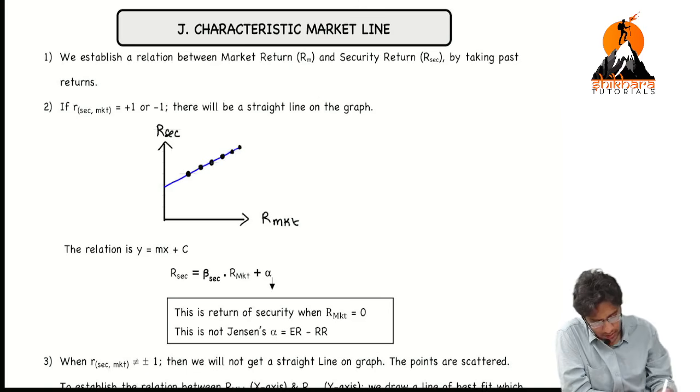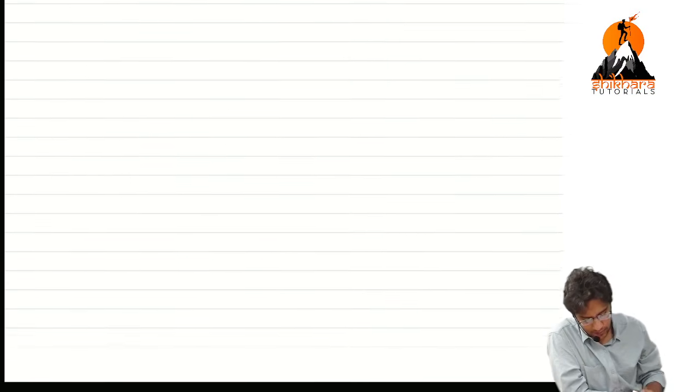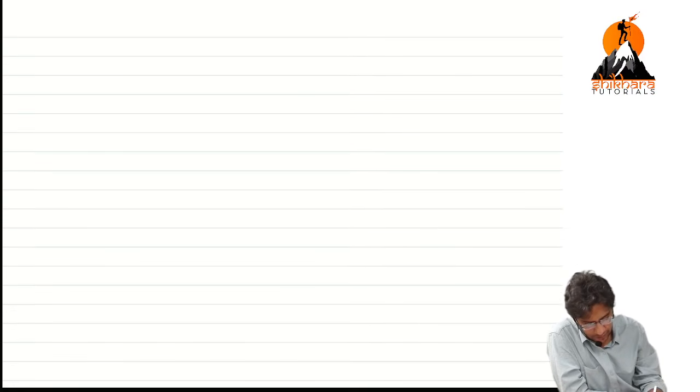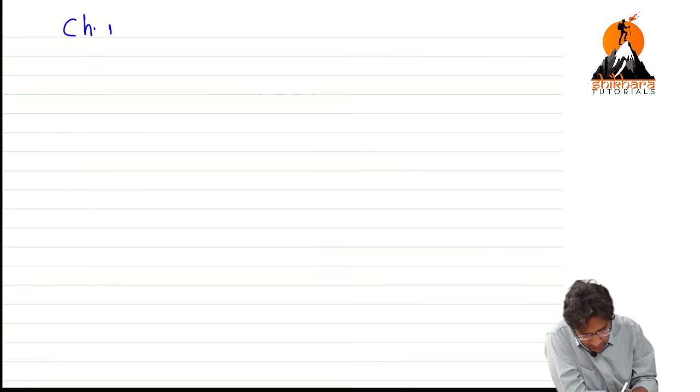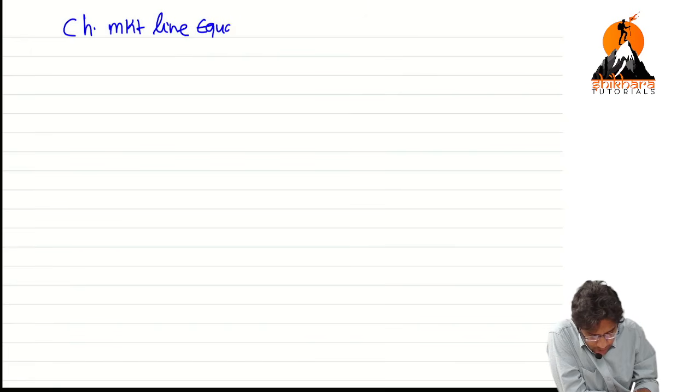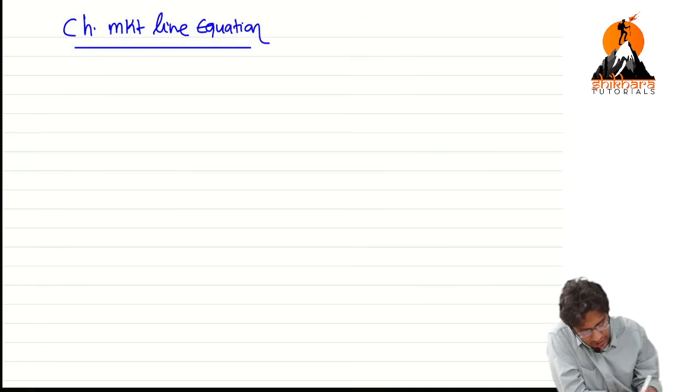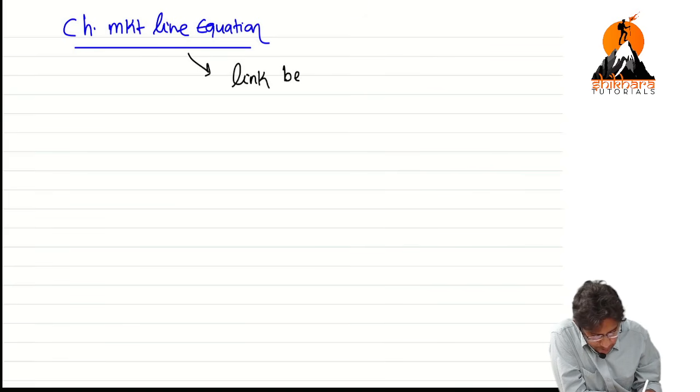Okay. Now, forget about beta for a moment. Characteristic market line equation. Guys, in this model, we are establishing a link between market and security.